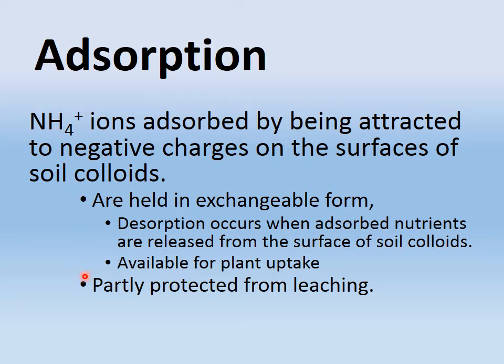As water moves down the soil profile, they are not able to take the ammonium down. But when it comes to your nitrate ions, they are negatively charged, they are anions. They cannot be adsorbed on your soil colloids, and as a result, your nitrate ions are prone to leaching.